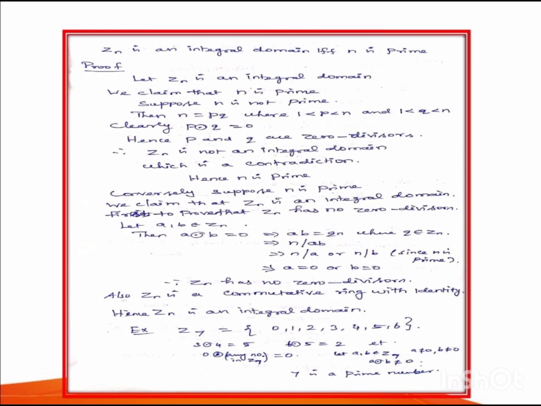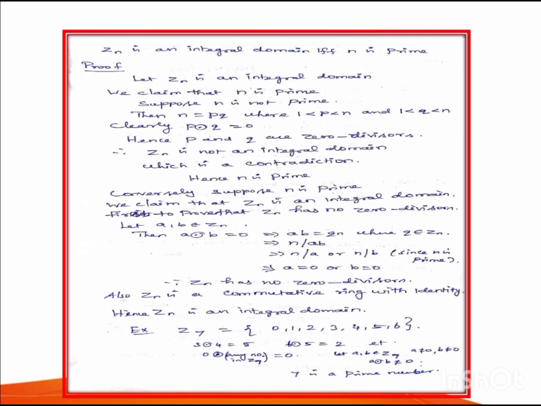The 12 divided by 7 has remainder 5. The quotient into divisor plus remainder equals 3 into 4. So the value is 5. Then 6 ∘ 5, the remainder is 2, etc.